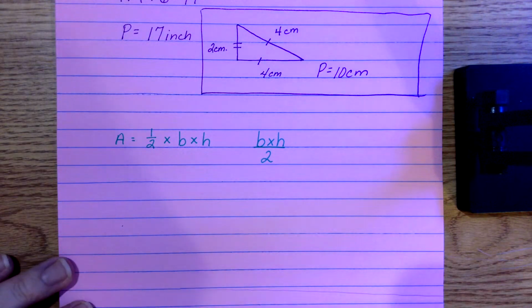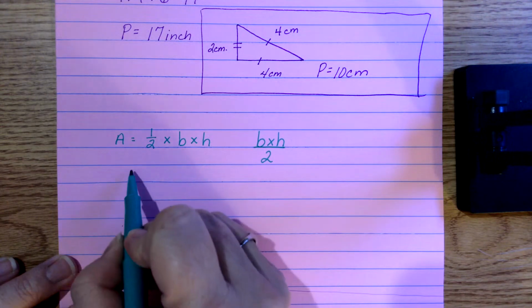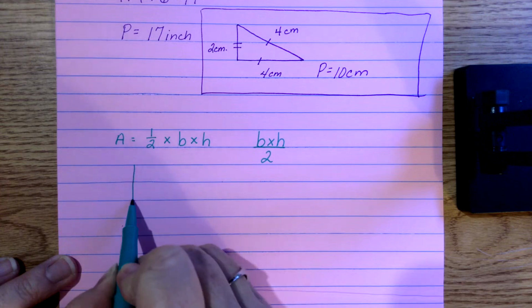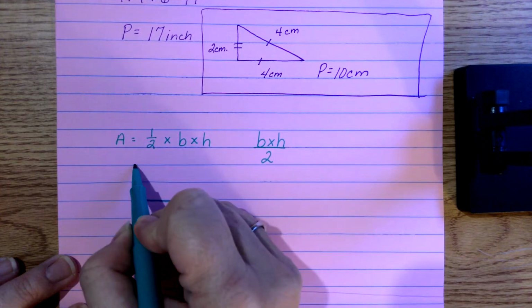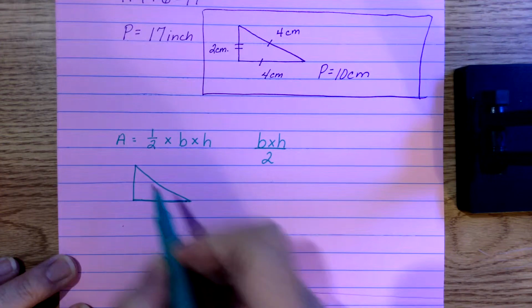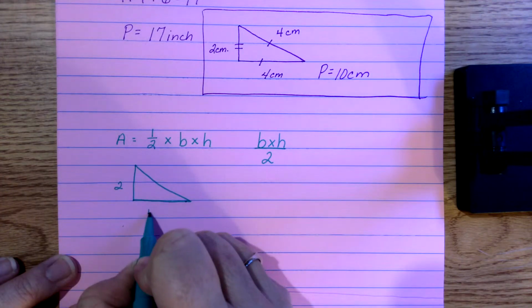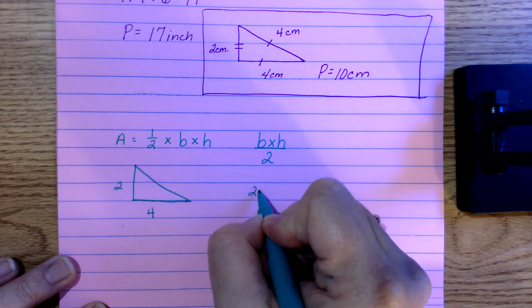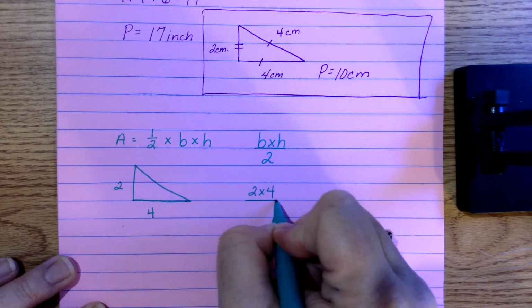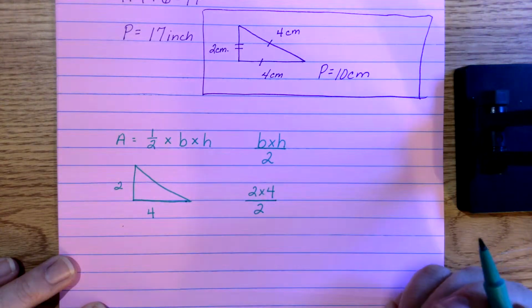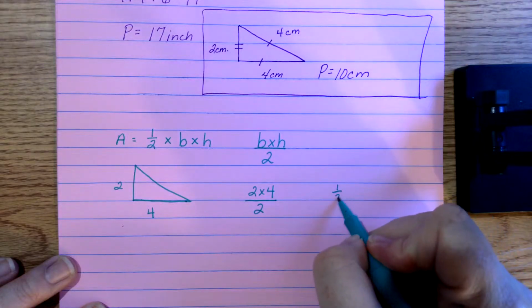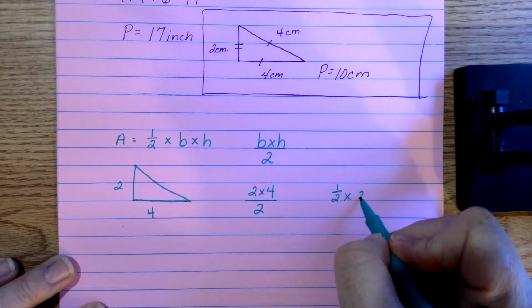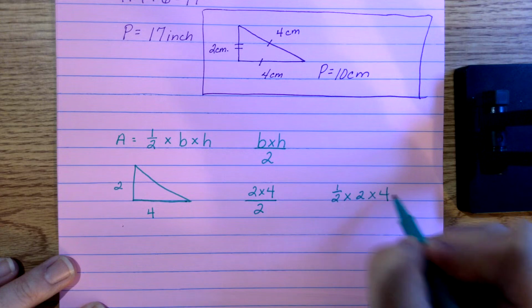Now, it's pretty easy if you have grid paper and they show you this triangle on the grid. We're going to call that 2 and that 4. We would say 2 times 4 divided by 2, or 1/2 times 2 times 4.